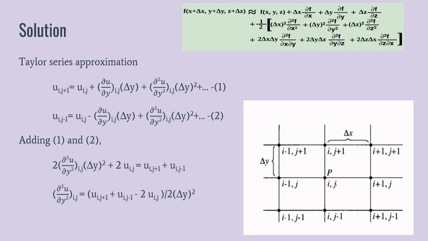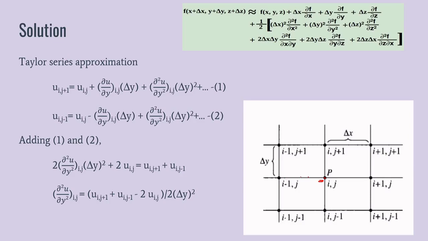Here I have shown the index nodes and denoted index values for the nodes. Suppose this is our node ij, how will the neighboring cells be? So i will be varying in the x direction and j will be varying in the y direction. If you are considering this middle line, the j values will be uniform.